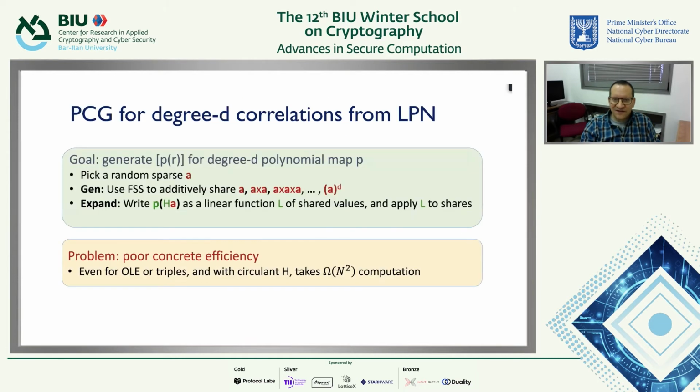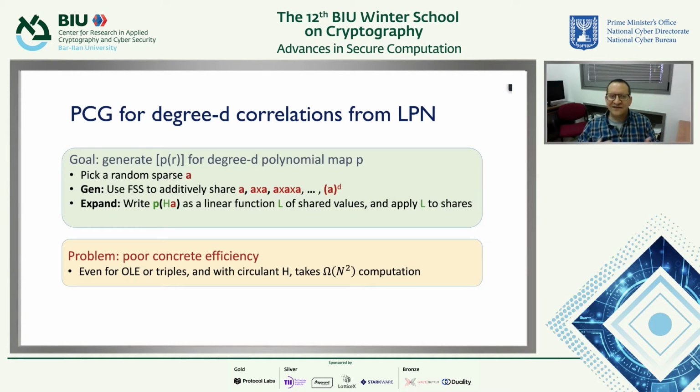So one can generalize this construction from a feasibility perspective. Now, this part is not practical. We can take any additive degree D correlation. So basically, you take R to be the output of some degree D map applied to random and independent field elements, and you split it additively between two parties.